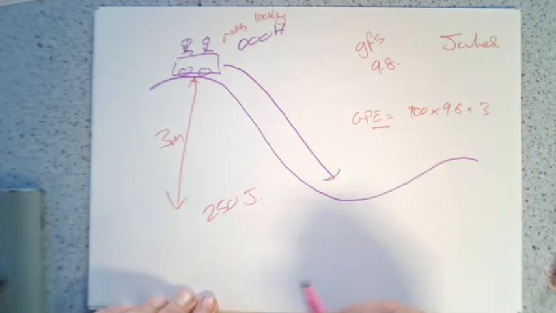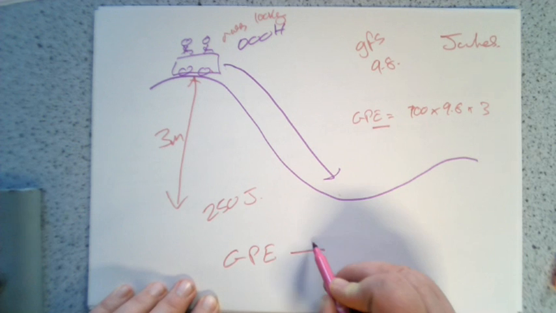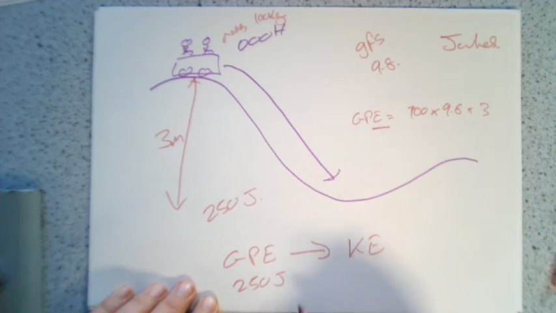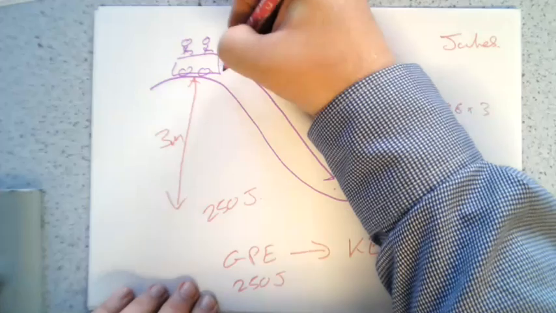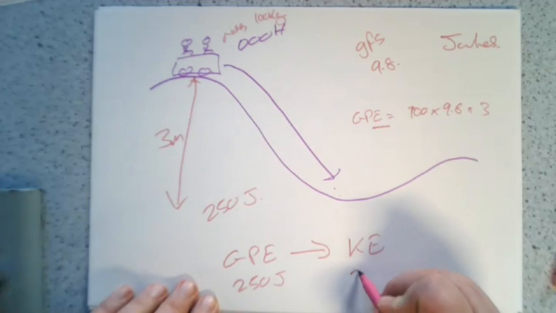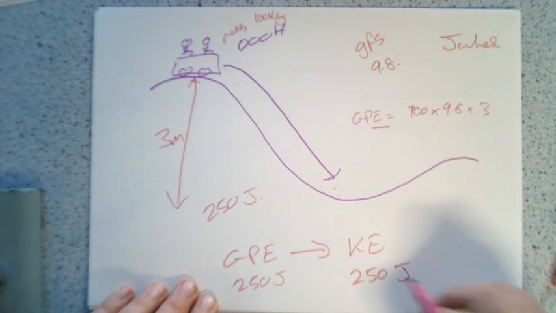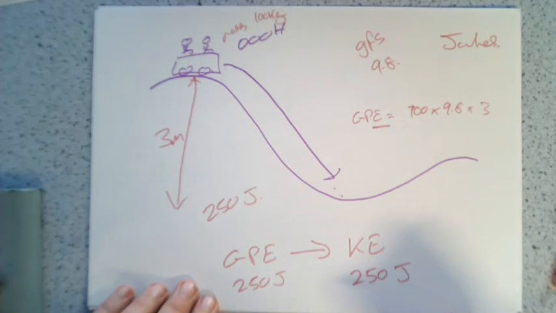So in this case, I'm transferring gravitational potential energy into kinetic energy. If I start off with 250 joules of gravitational potential energy, by the time I get to the bottom, and Miss Neresi and Mr. Schuller have gone, woo, all the way down, they are going to have converted that gravitational potential energy to 250 joules of kinetic energy, because energy cannot be created or destroyed.